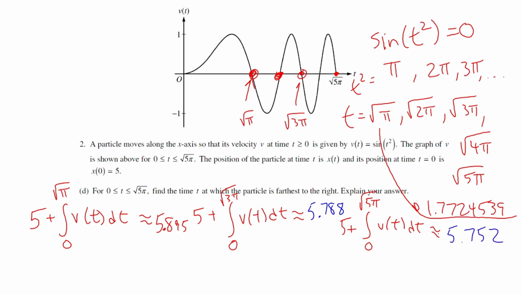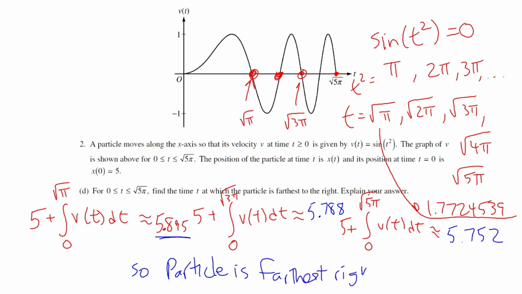And we can see that the largest one is 5.895. So the particle is furthest right at t equals root pi.